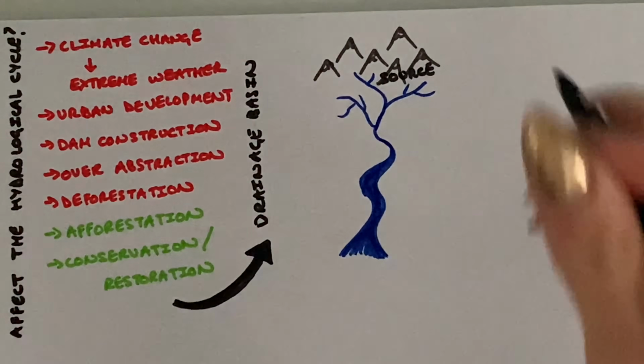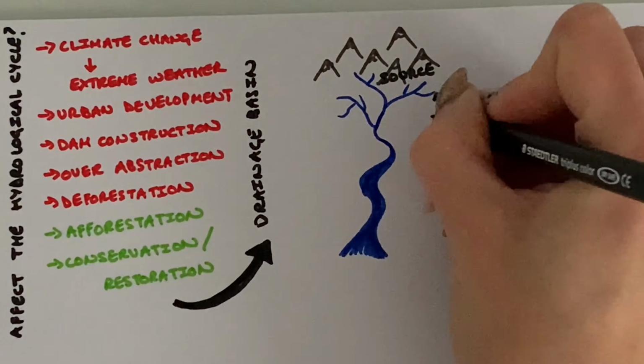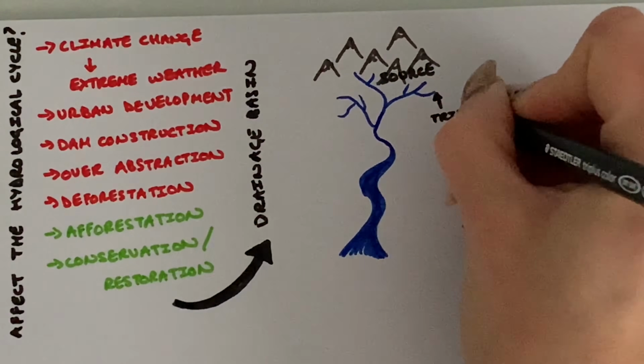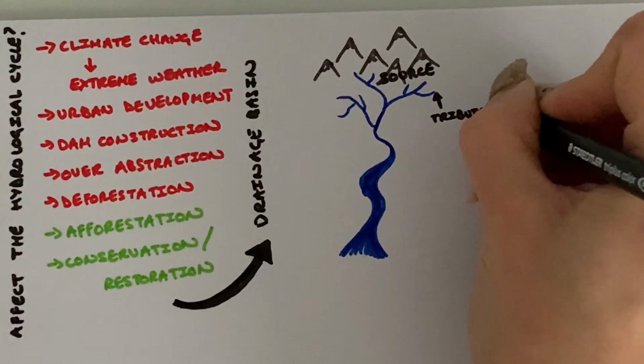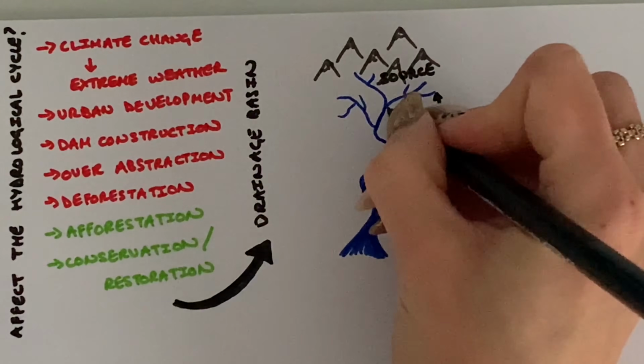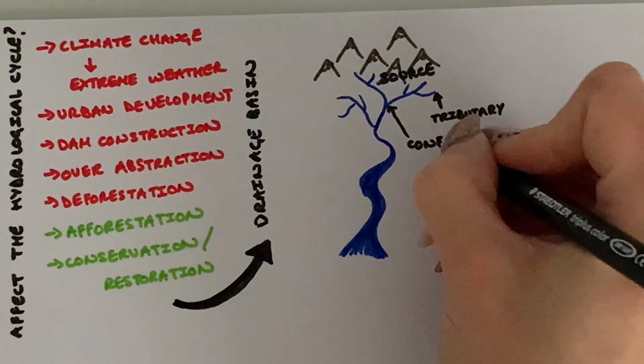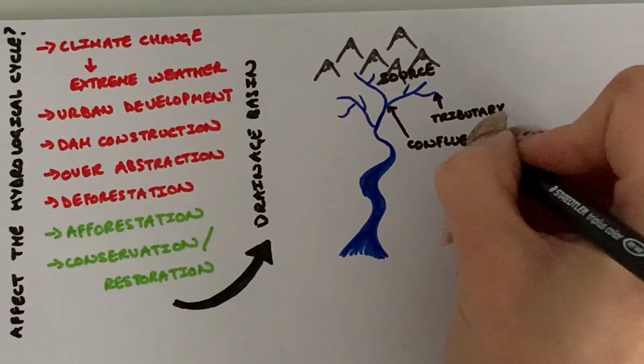So in the upper course of your river, we have our source, the start of your river in your upland mountainous areas. Your small streams in your upper course are known as tributaries or a single tributary. When these two rivers join, we have what is known as a confluence.